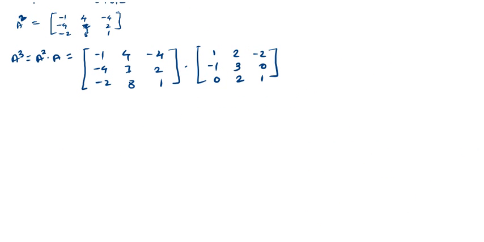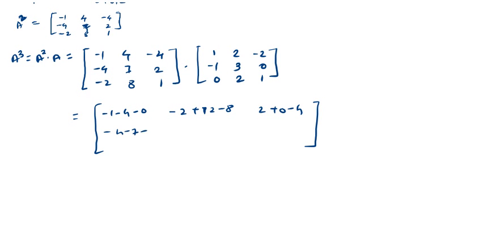Solving this matrix, firstly we get minus 1, minus 4, minus 0. Then this will be minus 2 plus 12 minus 8, then 2 plus 0 minus 4. Next, second row first column, minus 4, minus 7 plus 0. Then minus 8 plus 21 plus 4.